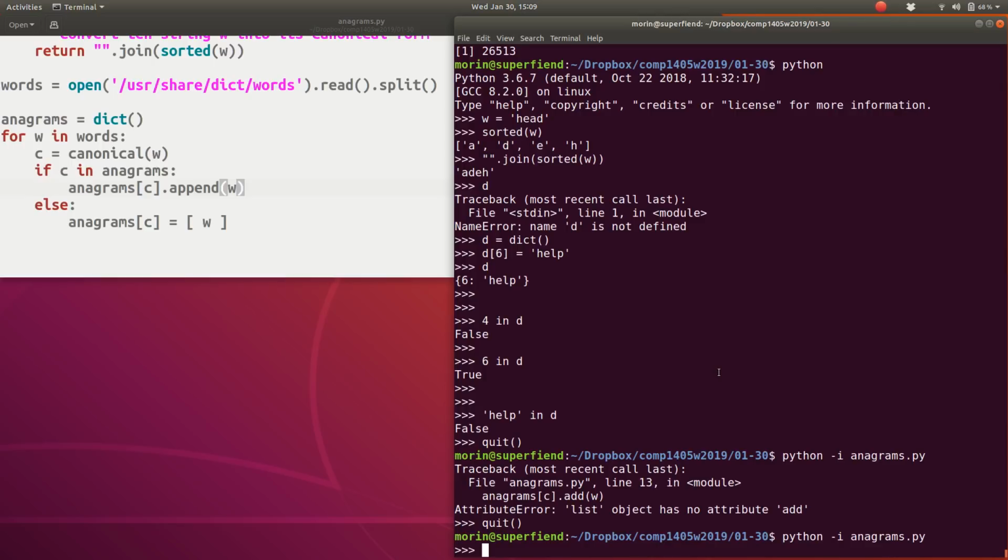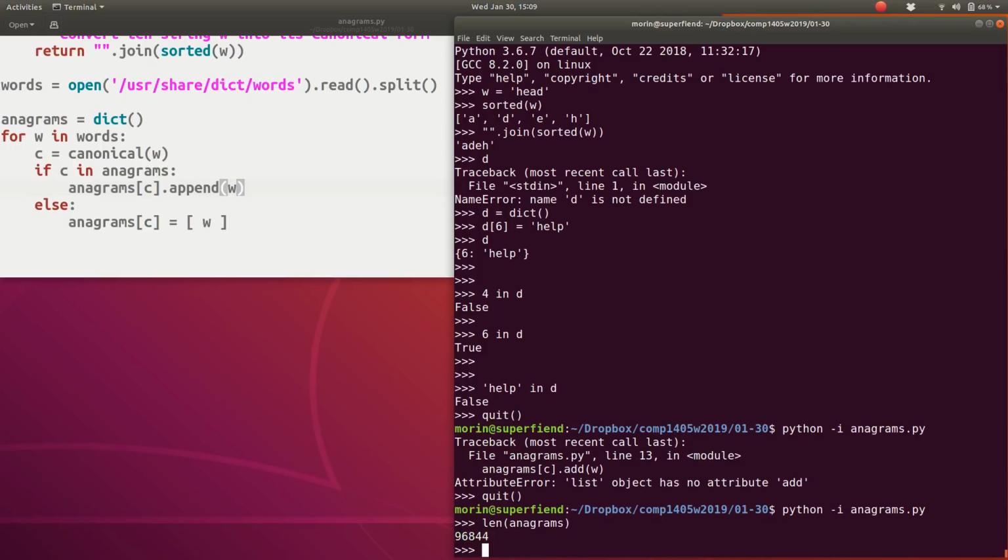All right, so that seemed to load, and this code executed. So I should now have a dictionary of anagrams. It has length 96,844.